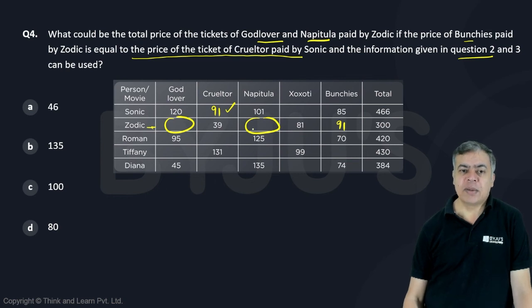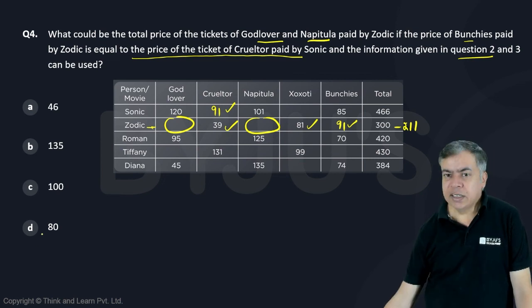Because I want the sum of these two. So 300 minus this. So 39 plus 81 becomes 120, and 120 and 91 is 211. So 300 minus 211, approximately it is given.